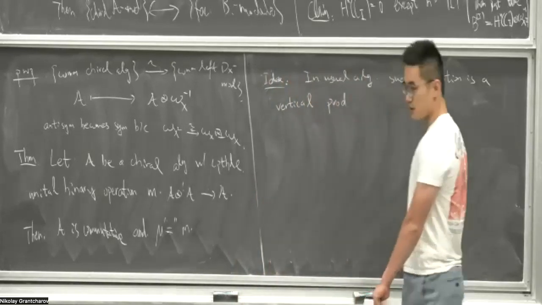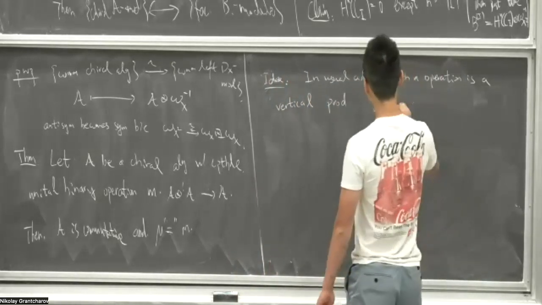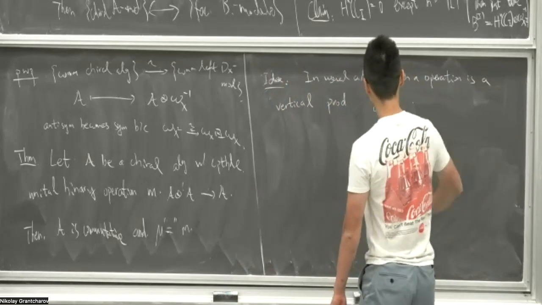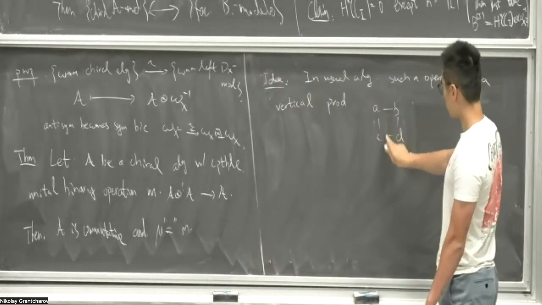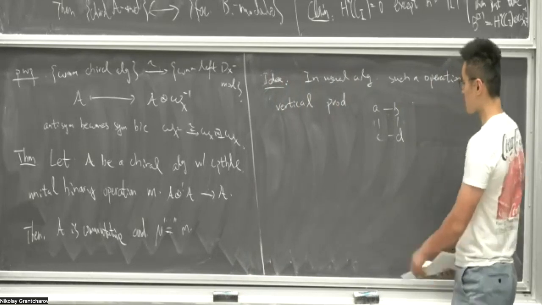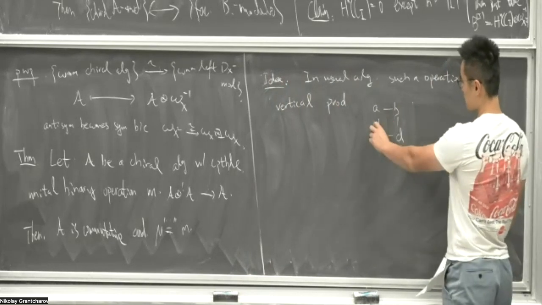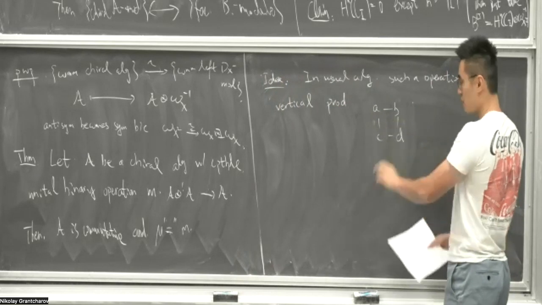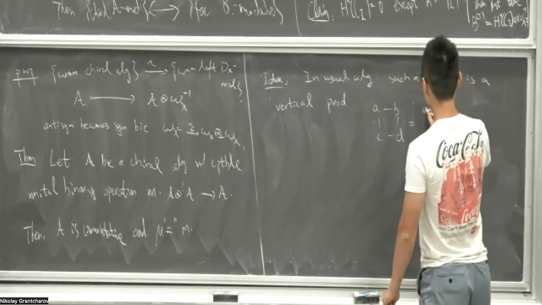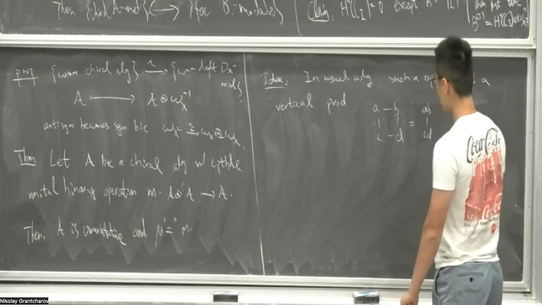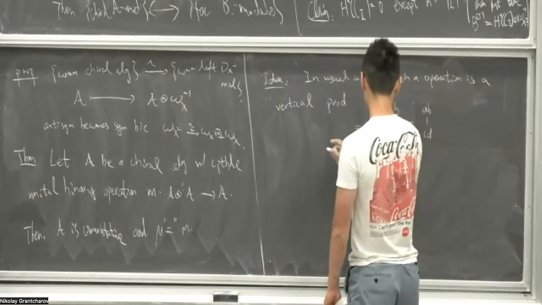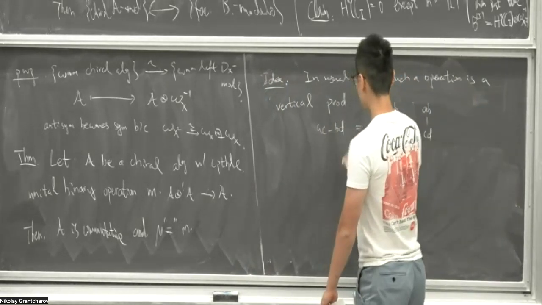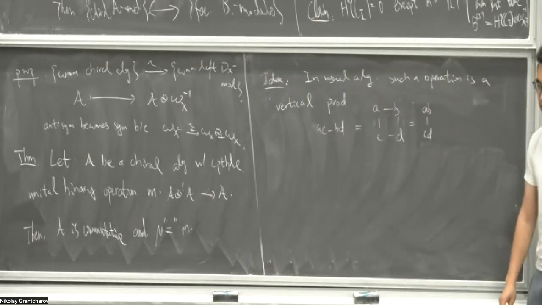And what does compatibility mean? Compatibility just means you have a commutative diagram. This is the vertical product, this is the vertical product, this is horizontal. Horizontal compatibility just means I can do this product first, and then the product of the products vertically. This is both vertical and also horizontal.